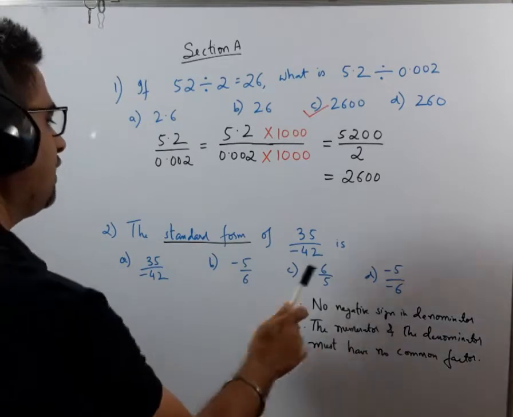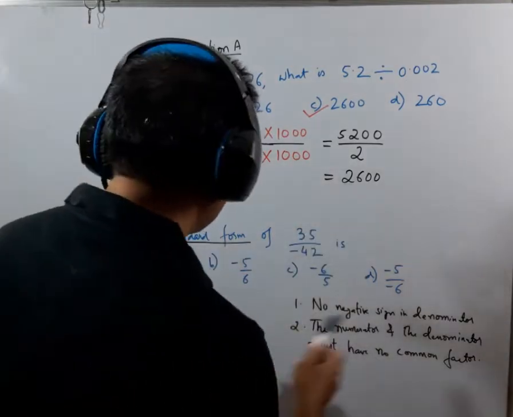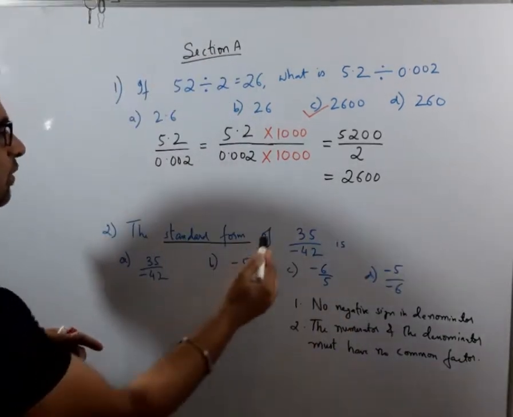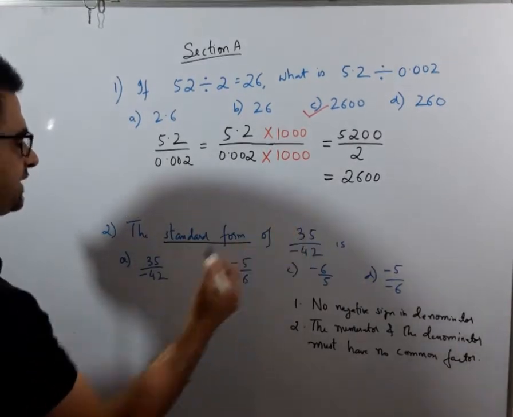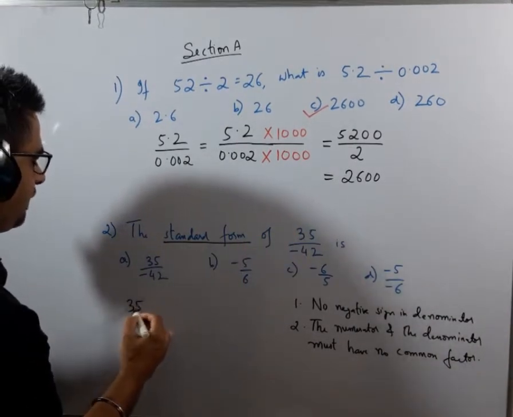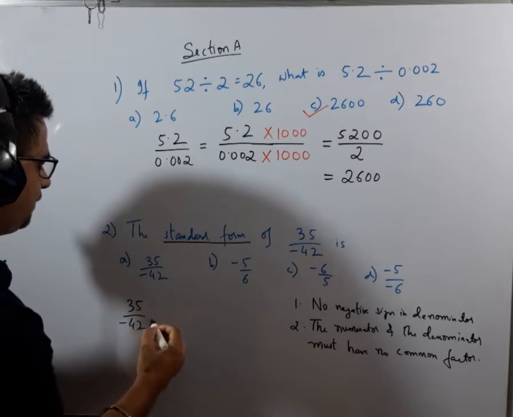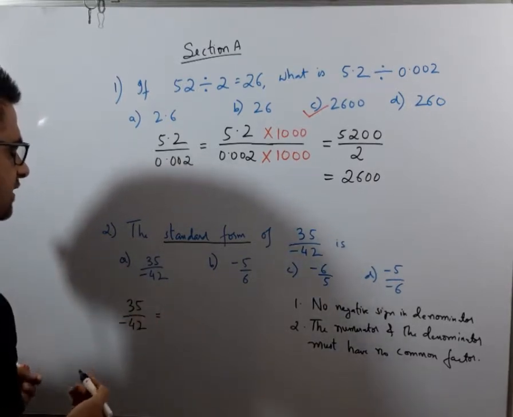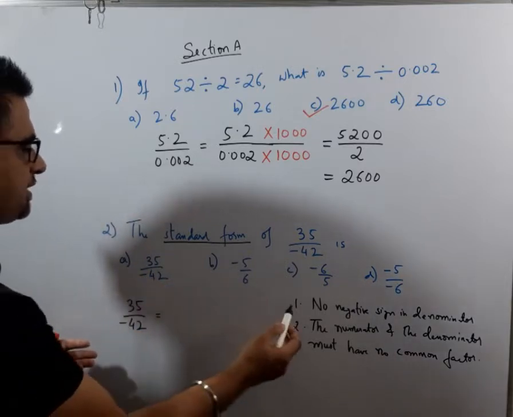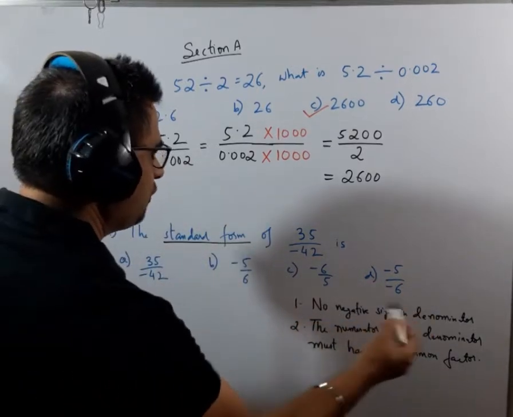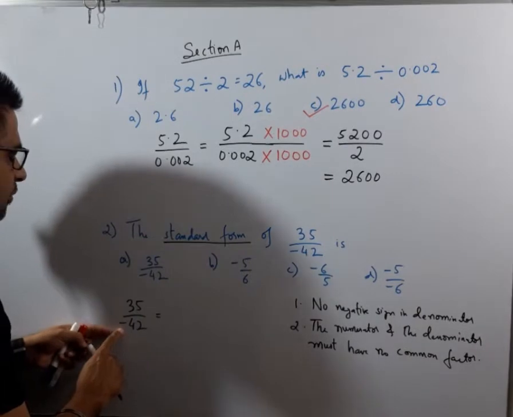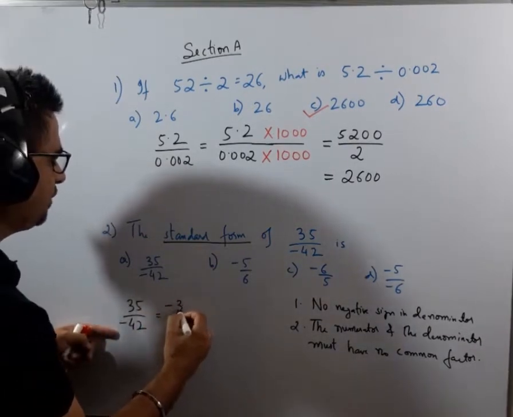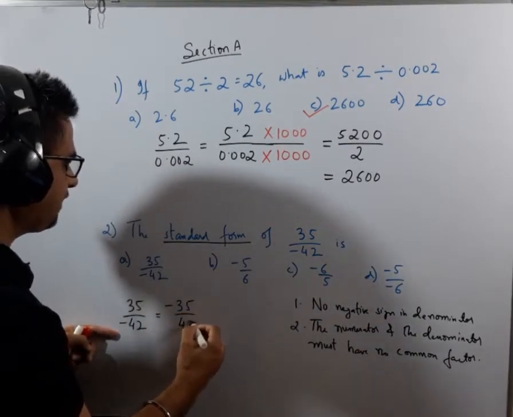The first one, no negative sign in the denominator. So let me first write down the rational number that's given, 35 by minus 42. So we move this negative sign to the top because there must be no negative sign in the denominator, and we have a negative sign in the denominator, so it must go up. So this is equal to minus 35 by 42.